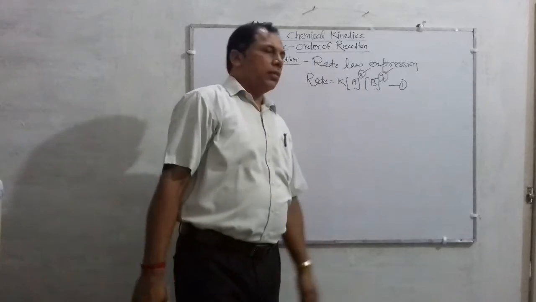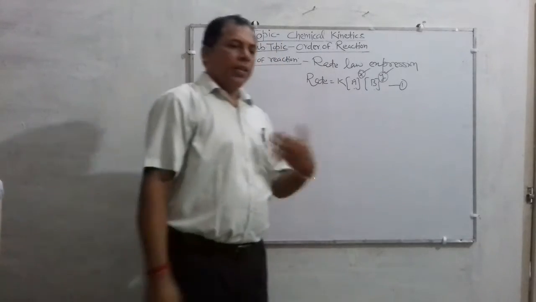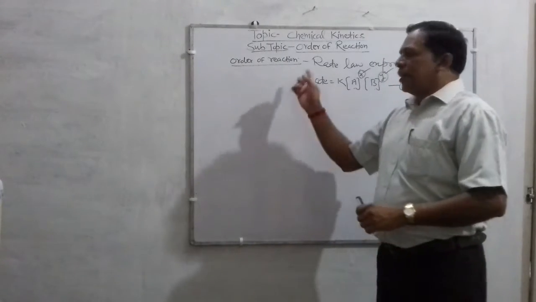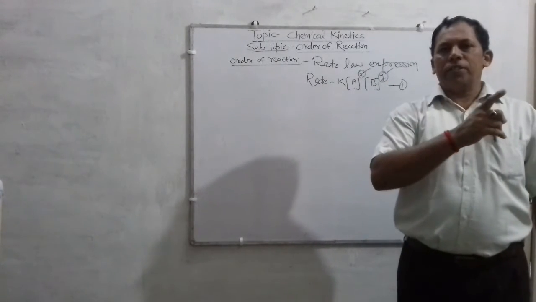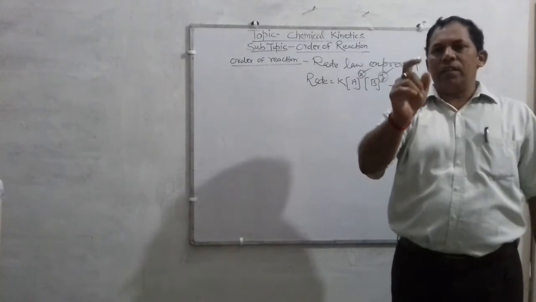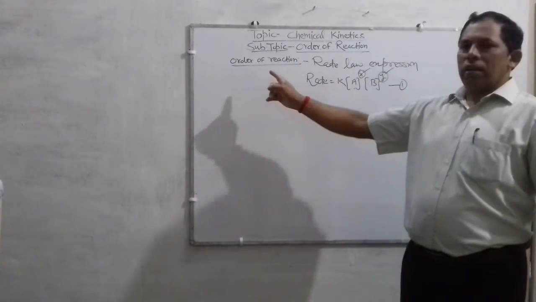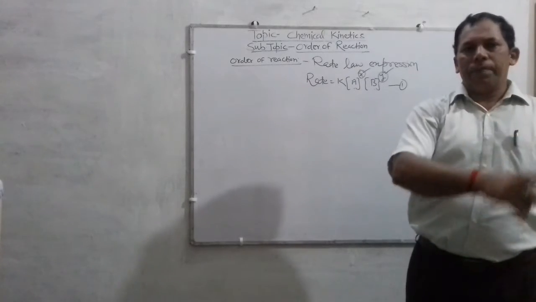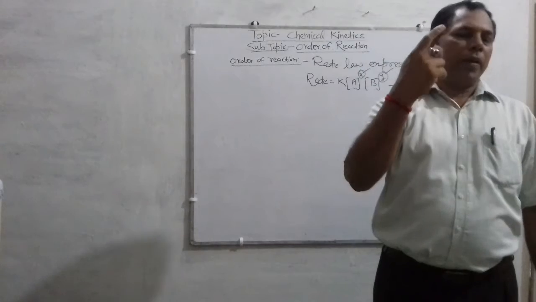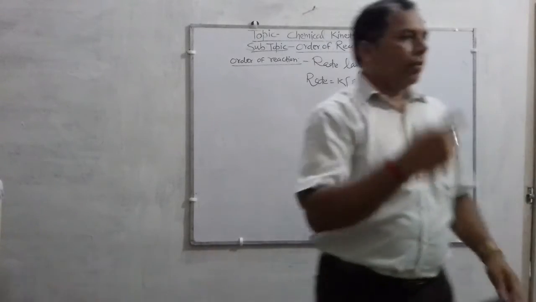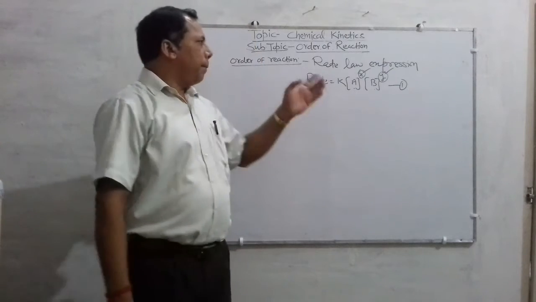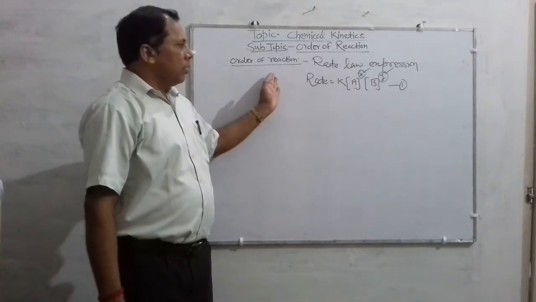In other words, the order of reaction can be defined as the number of reactant molecules which determines the rate of reaction with the change in the concentration of the reactant. And order of reaction can only be determined by experimental means. Must remember, the order of reaction can only be determined by experimental means.